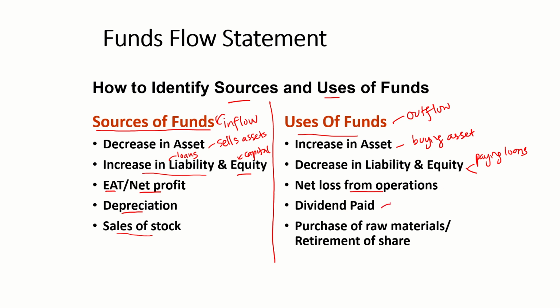Dividend paid, we take out the money to pay the shareholders. So money going out. Lastly, purchase of raw materials. Of course, when we buy stocks, we take out our money. Retirement of shares, buying back shares, selling shares.